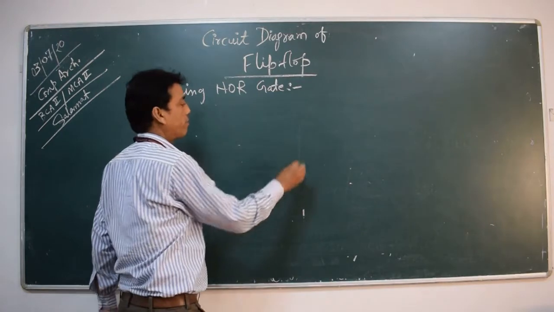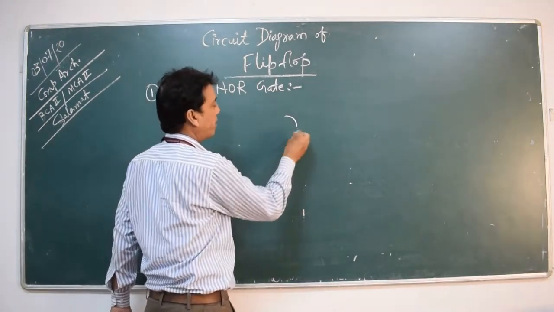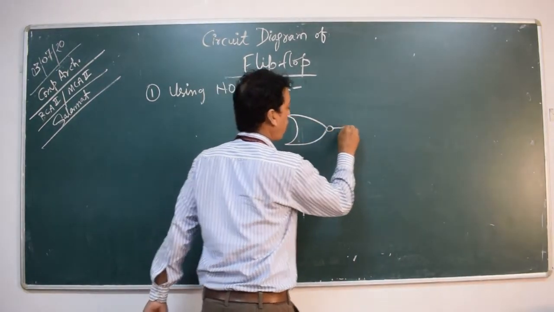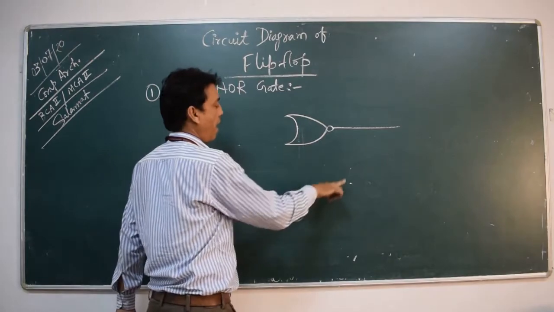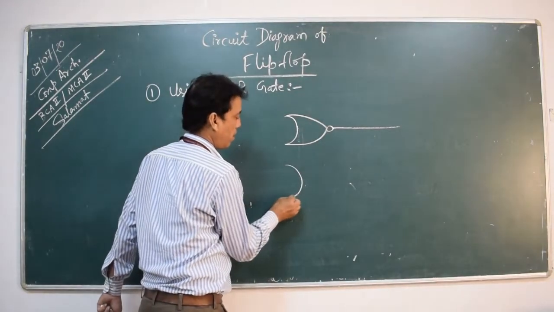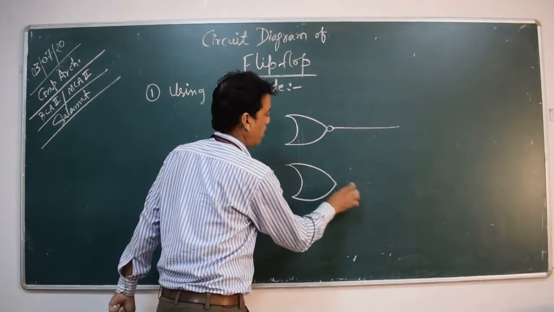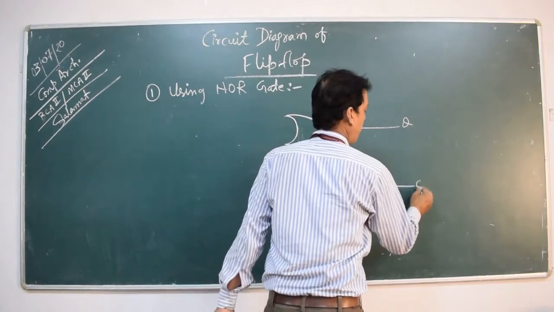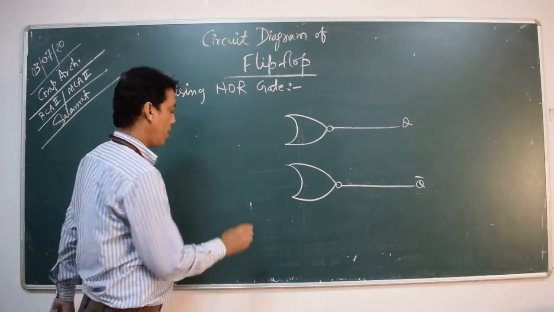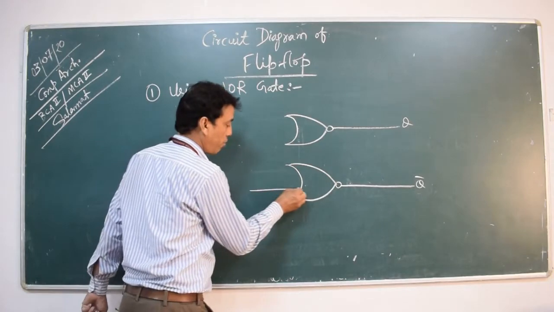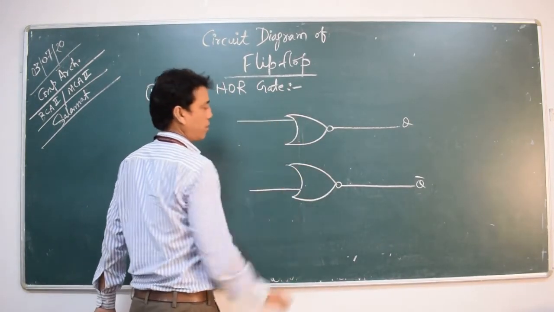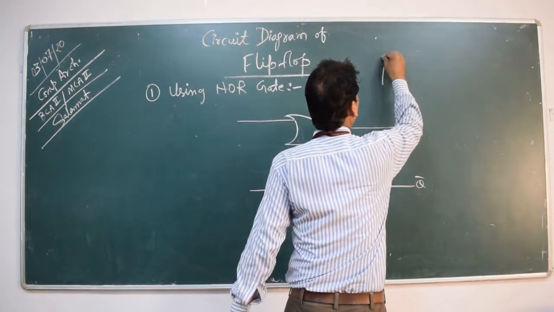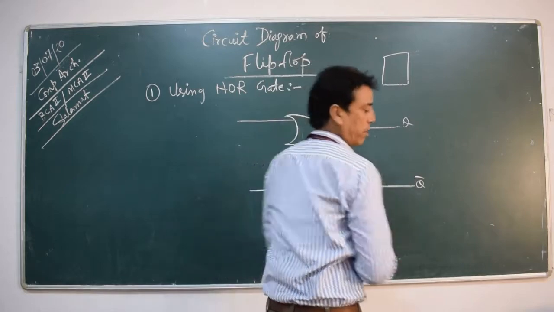How do we do that? See, we take 2 NOR gates. This is one, and this is another. This is Q line and this is Q bar line. This is input and this is input line. Here I am going to draw the block diagram.